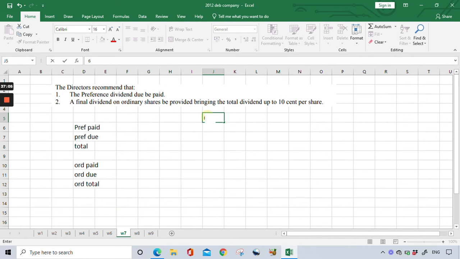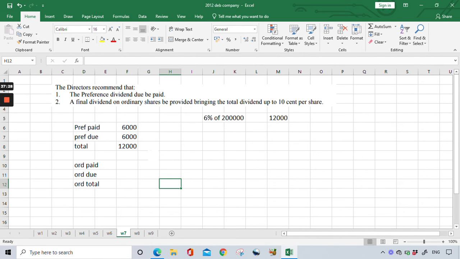So 6% of 200,000 will give me the total. 12,000 is my total. I know interim is 6 months, so this is going to be half and half. 6,000 paid, 6,000 due. That's my preference dividend figures.